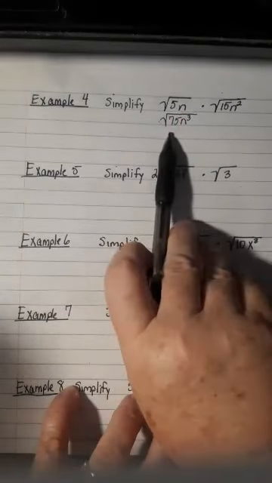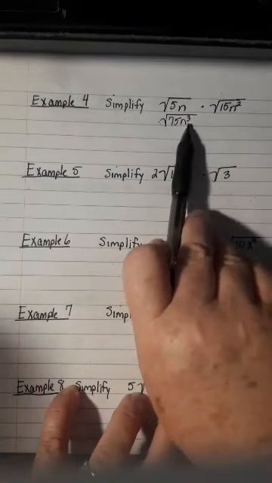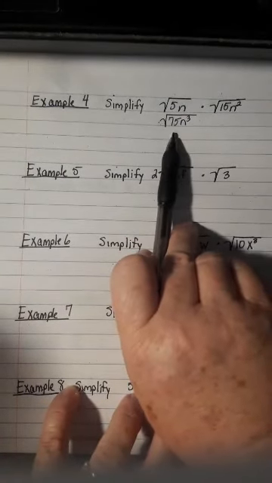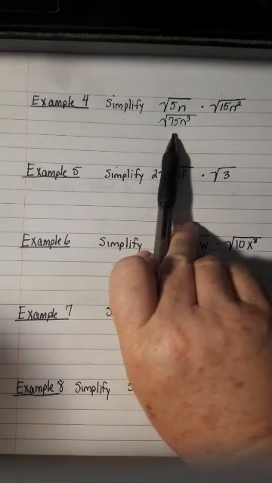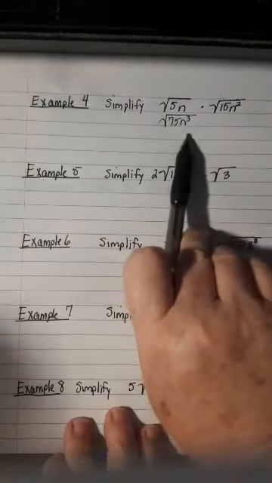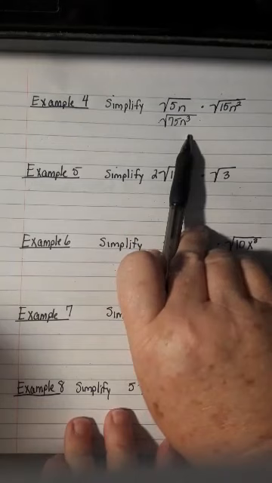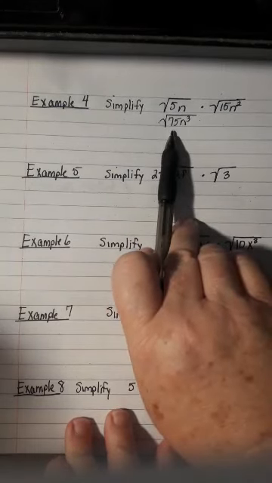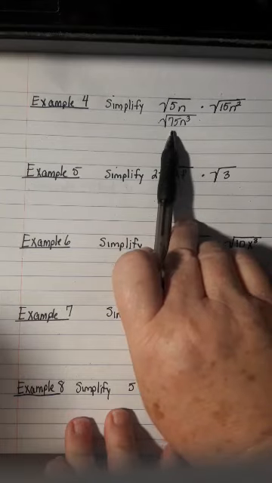Now, this, the square root of 75 n to the third, is exactly like problems we learned in lesson 2. So if you have any trouble from here on out in this problem, then refer back to lesson 2. We've got to find a perfect square that will divide into 75.